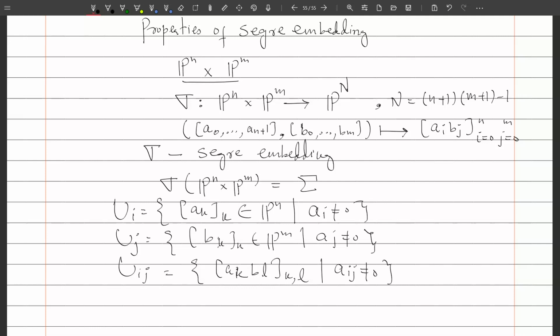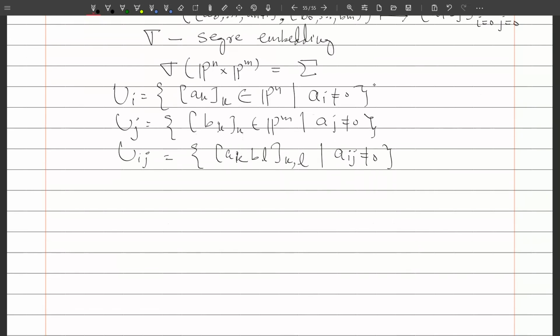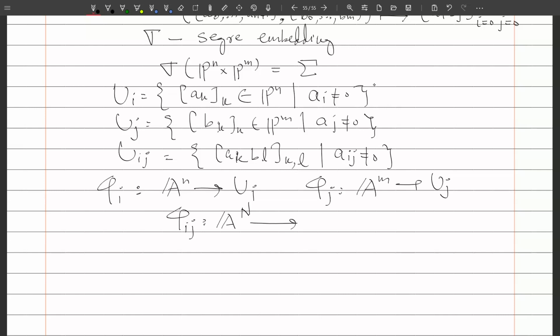Then as usual we have the corresponding maps. We have the map phi i from affine n space to Ui, the map phi j from affine m space to Uj, and finally the map phi ij from affine N space, this capital N, to Uij.